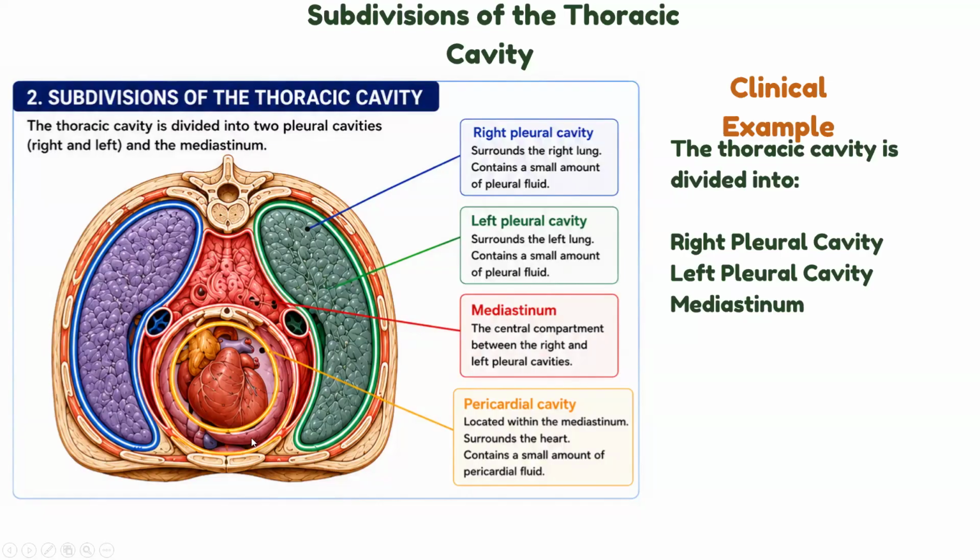Okay? Now, the right pleural cavity is what surrounds the right lungs, and it contains a small amount of pleural fluid. Now, this is the right cavity. It contains the right lungs, and inside it are two fascias that are protecting the right lungs.